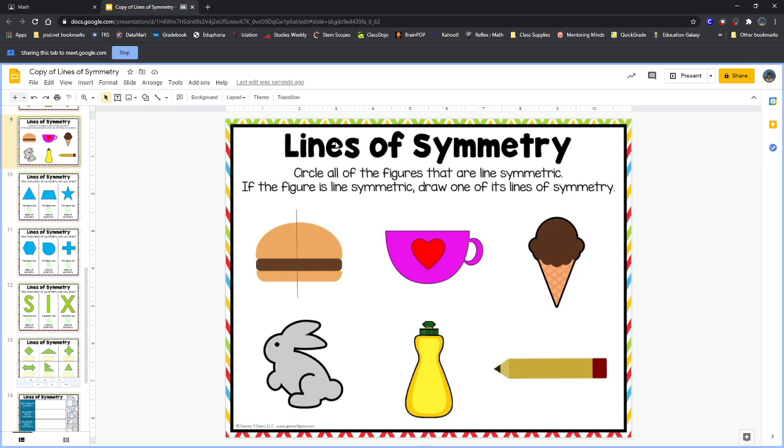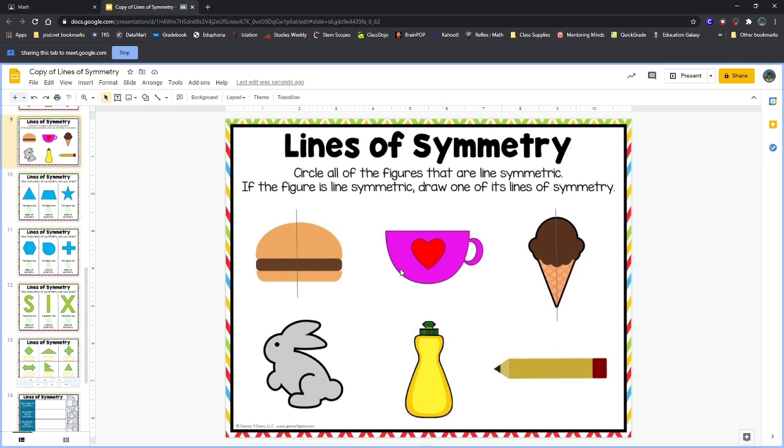There's just one. Yep. Just like with the hamburger, if I draw a line straight down the middle, I have my line of symmetry. Both sides would be equal and even.